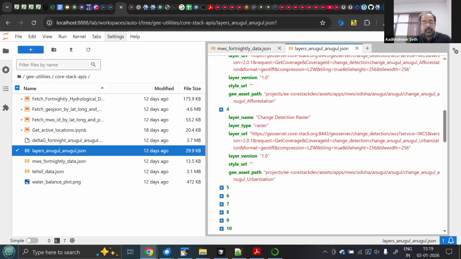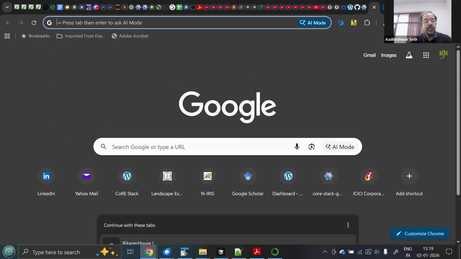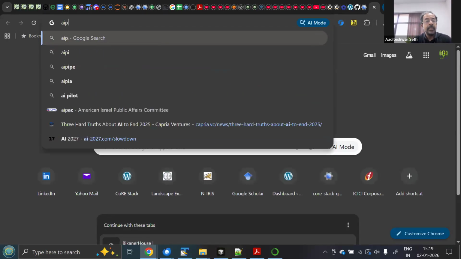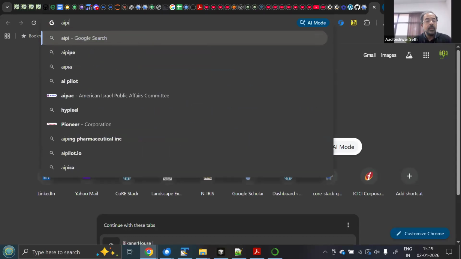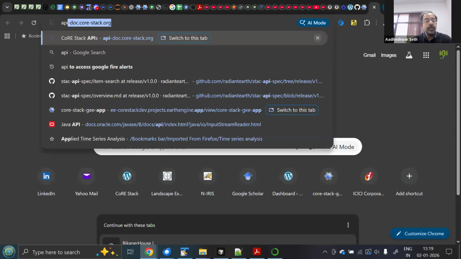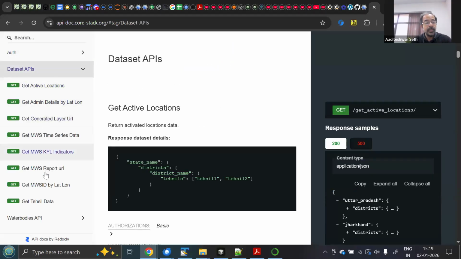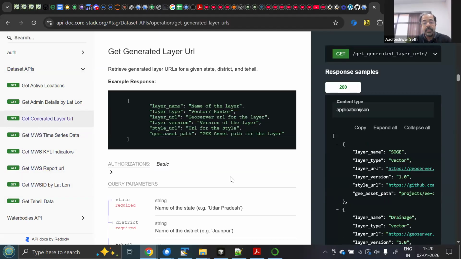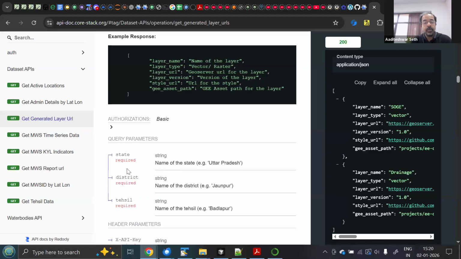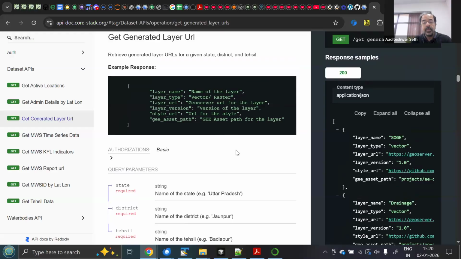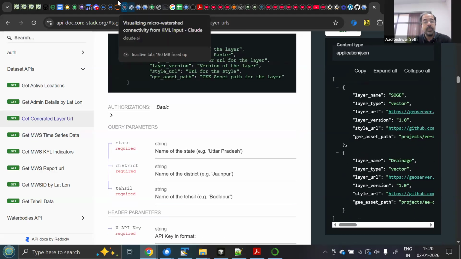So the APIs themselves, again, all the links are given, but the APIs themselves are also published. So these dataset APIs, for example, get generated layer URLs. You raise this API for a state, district, tehsil, and this will return you the output that I was just showing, that is, what are the different layers and everything that you have.